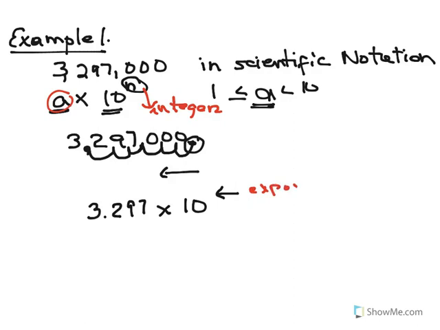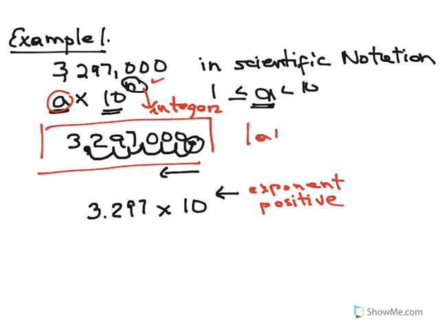The exponent corresponds to this n right here. This exponent is going to be positive, because this number is large. We're going to call large any number greater than 10. This number is extremely large.